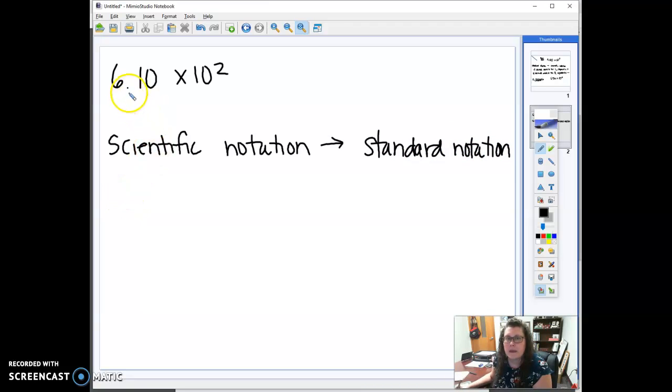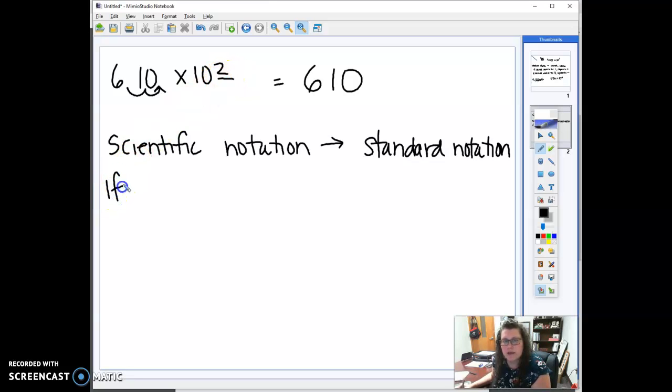Okay. Now, I'm going to move my decimal to the end in this example because I'm moving it 2 spaces. So it's going to go to the end here. Okay. So I'm going to have 610. And how did I know to move to the right? Okay. Well, because I had a positive exponent.